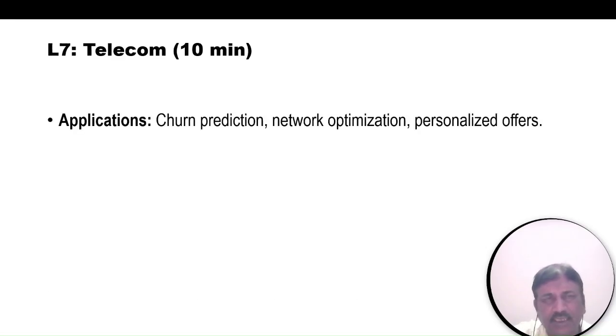Then the next is telecom applications. Churn prediction means there are multiple telecom services, and depending upon your behavior, the telecom company comes to know that this customer is going to stop the services provided by that particular company. So they may provide specific offers to a certain group of customers, preventing them from leaving.